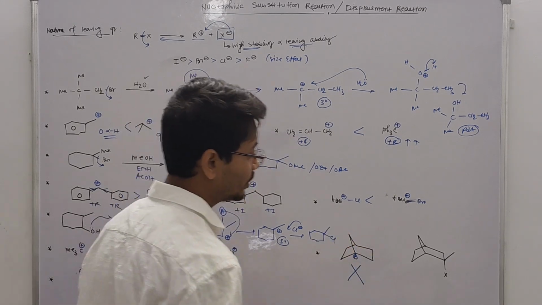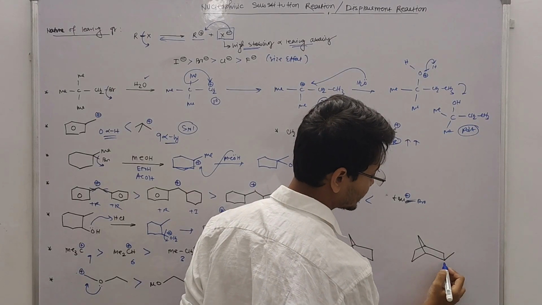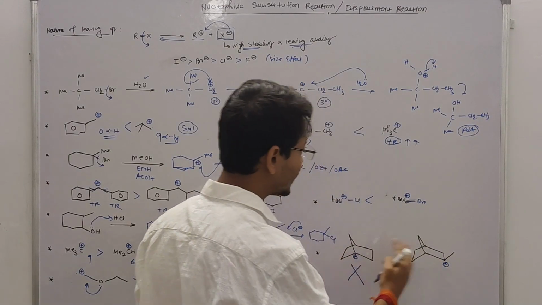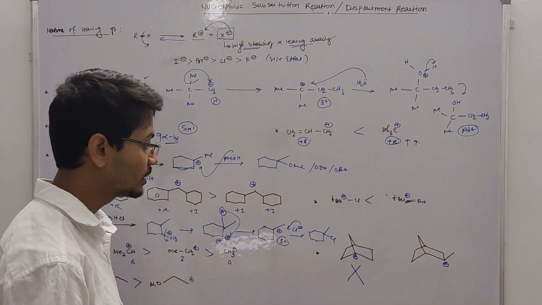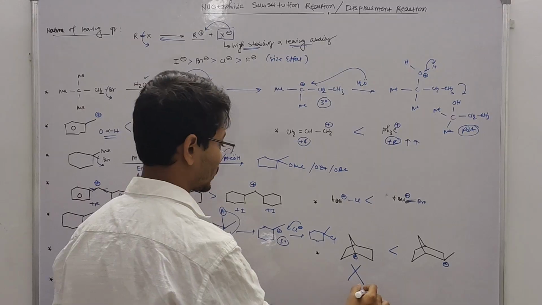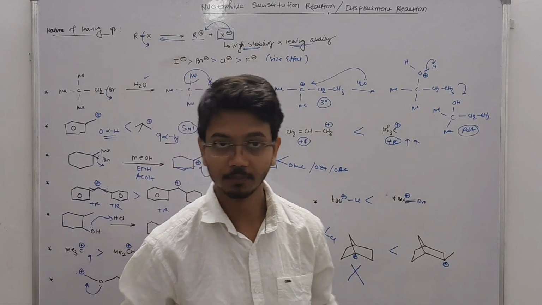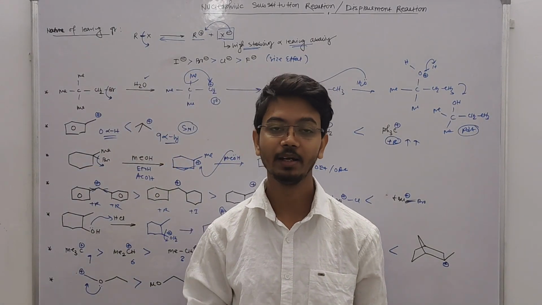Now in this case it is possible because it is not a bridgehead position. So kick out the X and make a carbocation. This will undergo SN1 reaction, but this will not. Okay, with this, thank you, and I am ending my session.